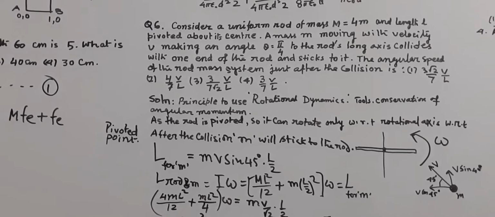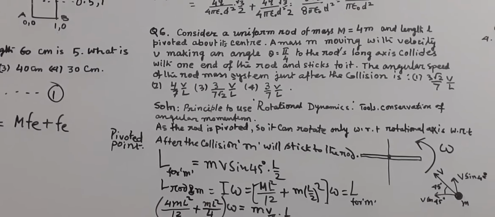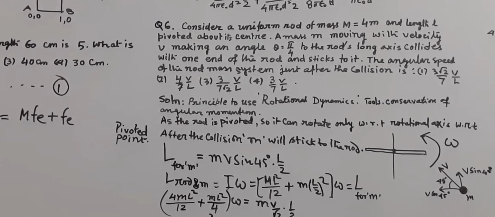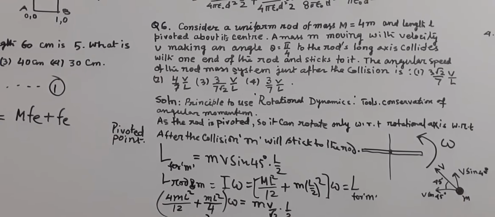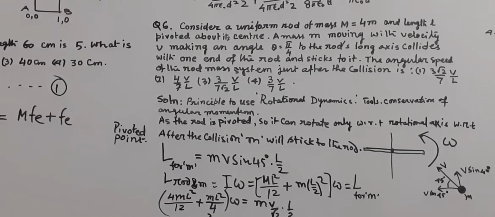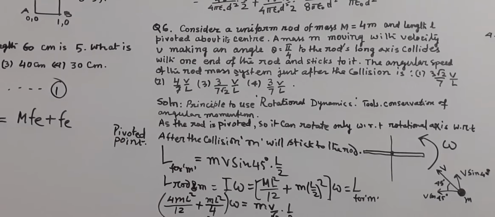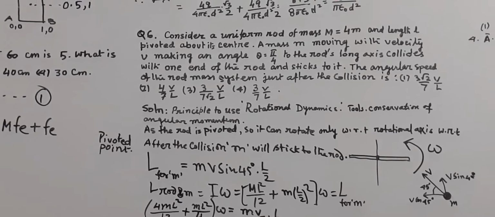The principle to use in this problem is rotational dynamics. The tool required is conservation of angular momentum, as the rod is pivoted, so it can rotate only with respect to the rotational axis. After collision, small m will stick to the rod.